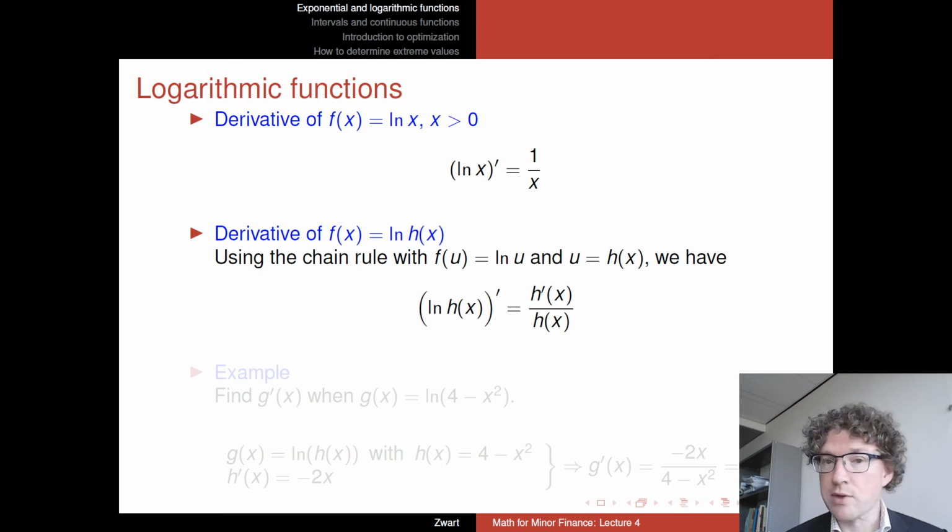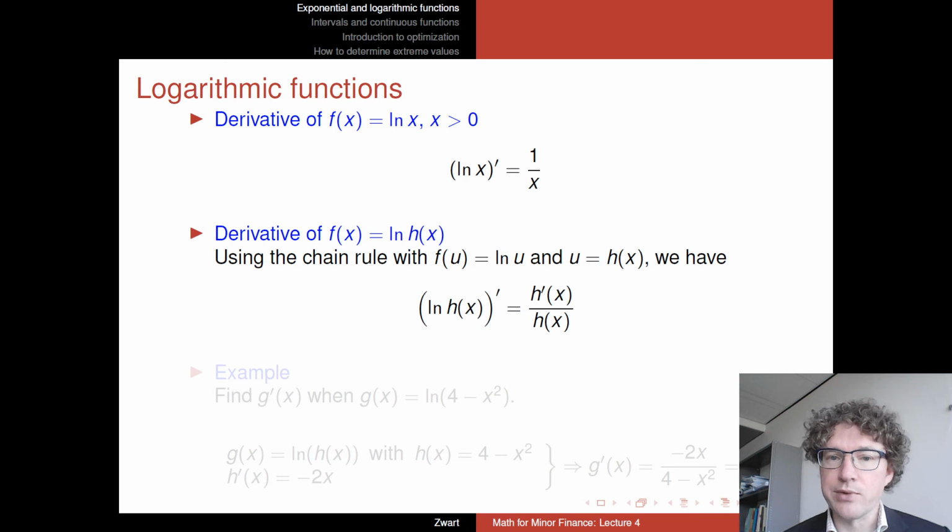We can also do, and that's what we'll encounter much more in practice, the log of some function of x. In this case, we would like to know the derivative of the log of h of x. Here we obviously have to use the chain rule again. The interior function would be h of x, and the exterior function would be the logarithm.